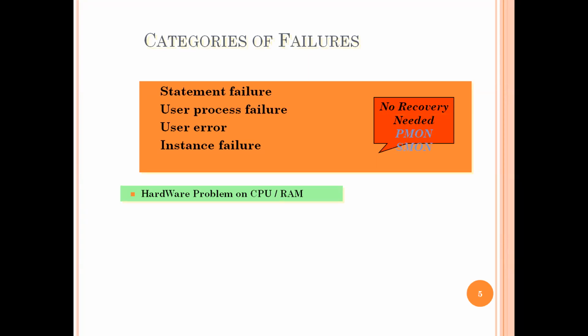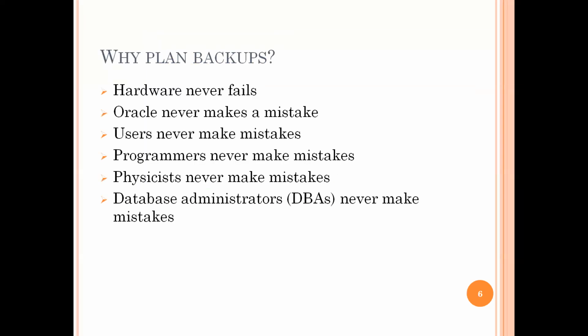No, because here the failure is happening at the instance level, not the database level, right? So when data is involved, that is where recovery will come into the picture. But if there is something happening at the process level or at the memory level, then you don't need recovery. The background process will take care of that.